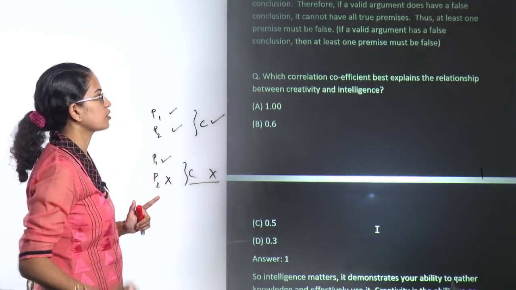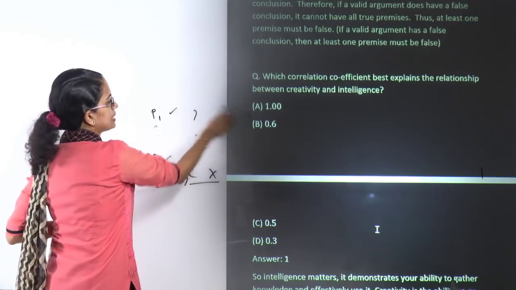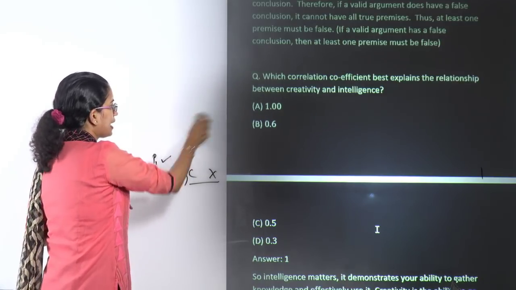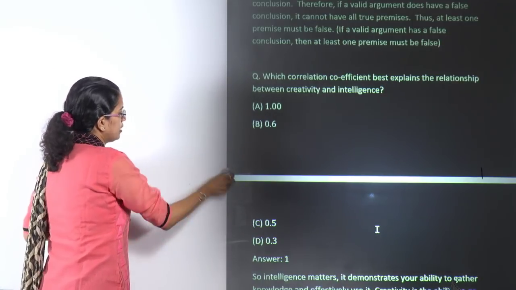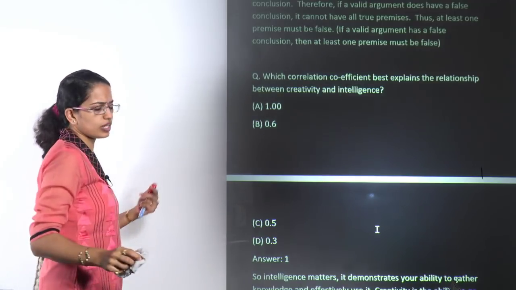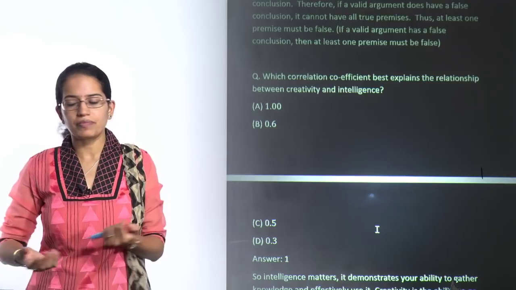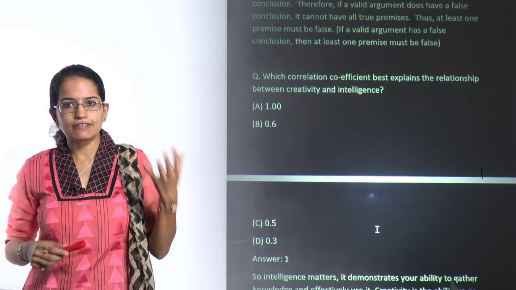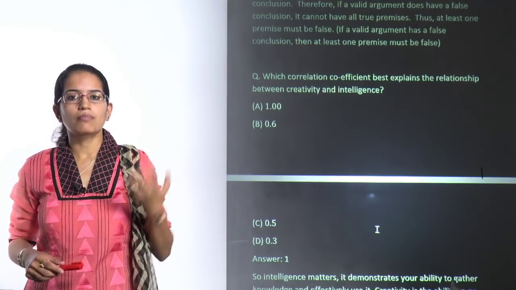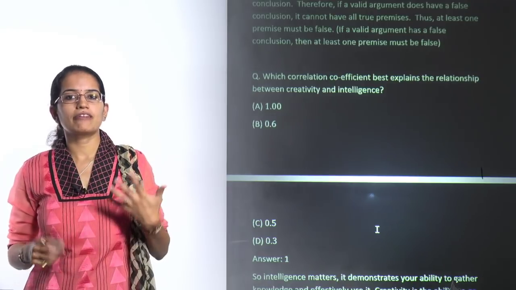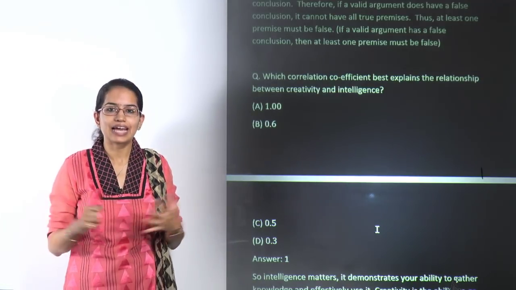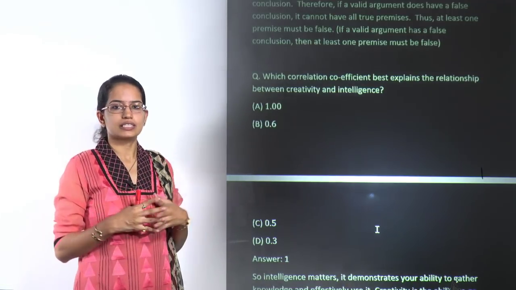The next question talks about correlation coefficient best explaining creativity and intelligence. So studies have shown, now this is not a kind of question that could be directly answered, this is a research problem that has been given. So studies have shown that through the problems on intelligence and creativity, we have tried to find out there is a very high correlation between intelligence and creativity.